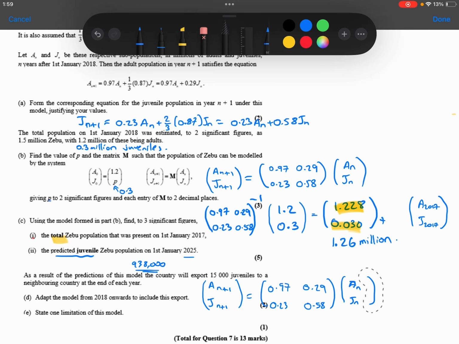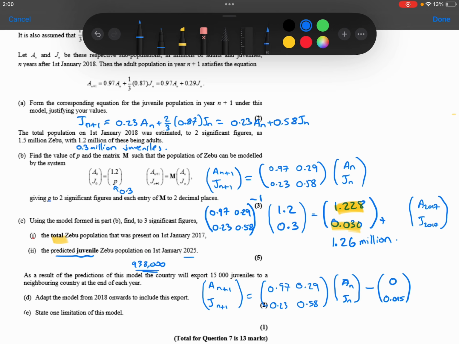So just giving myself a little bit of space so that I'm able to subtract those 15,000. The adult population is not affected at all, so we would subtract 0 from the adult population. The juvenile population, we're subtracting 15,000, which, remember, these values are in millions, so 15,000 in millions would be 0.015.